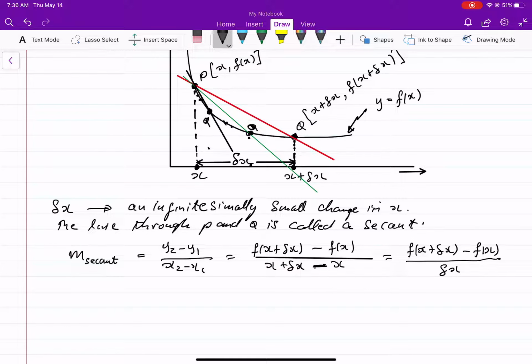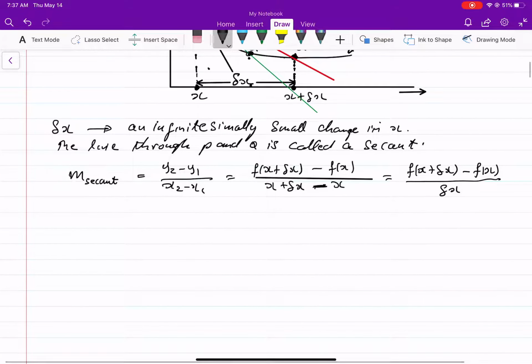So as Q is moving closer and closer to P, delta X is getting smaller and smaller. It looks like it's approaching 0. What does it look like the secant PQ is approaching? I'm going to give you a minute to think about that while I formalize all this into some standard language.